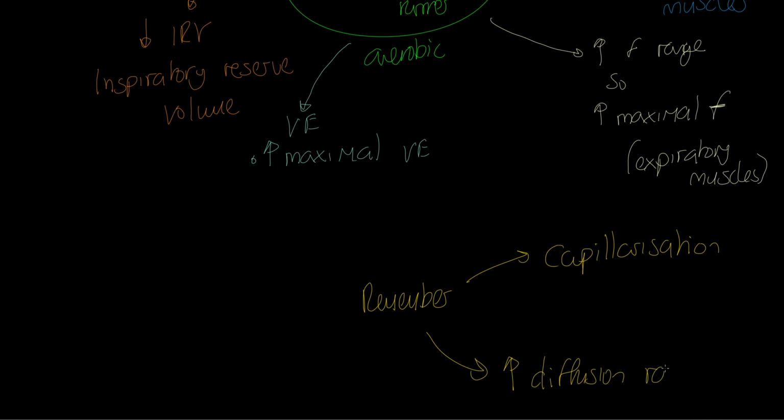We get an increase in diffusion rate. We get more oxygen into the blood, more CO2 out of the blood. And also, because our respiratory muscles are stronger, we get an increased access to deeper alveoli. So the alveoli that sit at the most distal part from the bronchioles can be reached more efficiently, and that is also a respiratory adaptation. So just remember those additional points, otherwise those are our respiratory adaptations.